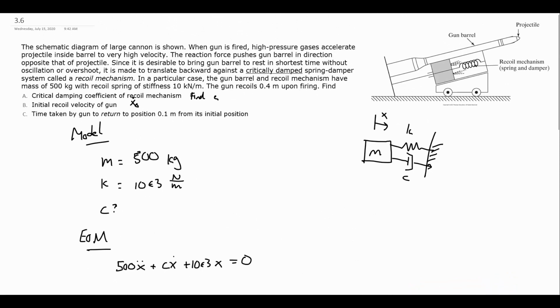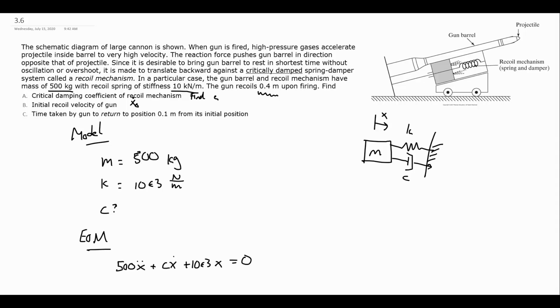Now, we want to know the initial recoil velocity of the gun. And there's some information here that we didn't use yet. So we have used the 500 kilograms that we've included. We've included the stiffness. We didn't yet use this 0.4 meters. So we're going to fire this. The mass is initially at 0.